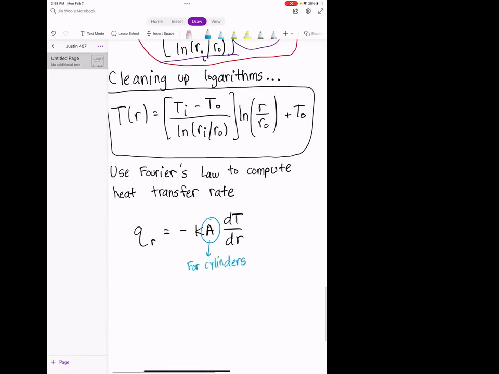Since we're working in cylindrical coordinates, we can put in an expression for this A. What's the outer surface area of a cylinder? If we have a cylindrical vessel like this, and let's say its radius is r, then the surface area will be the perimeter of the circle, 2 pi r, multiplied by the length of the cylinder.